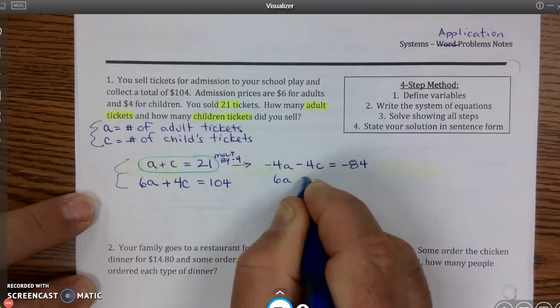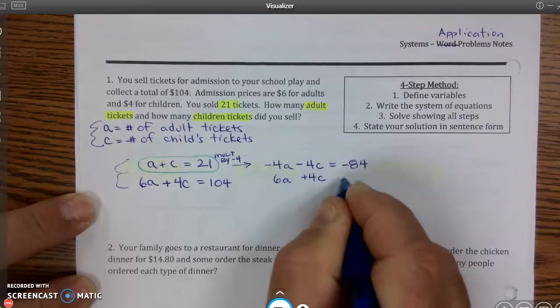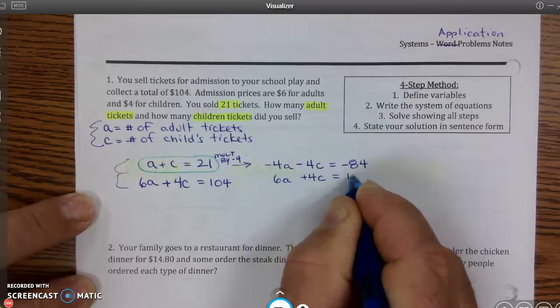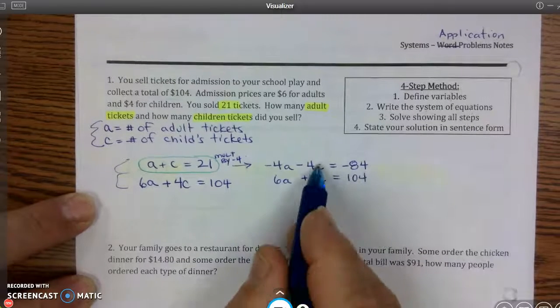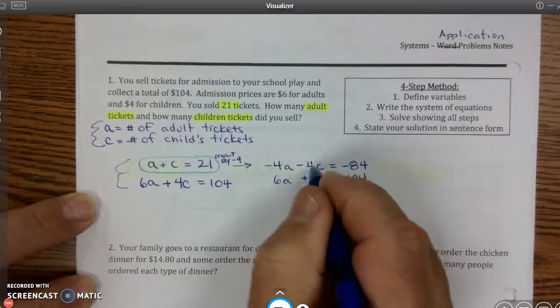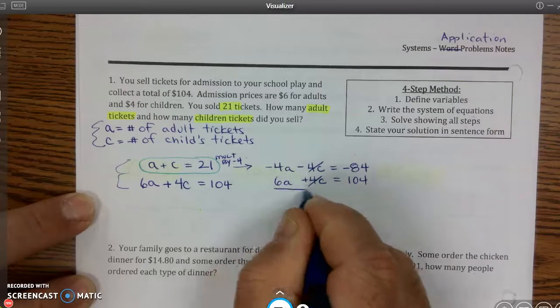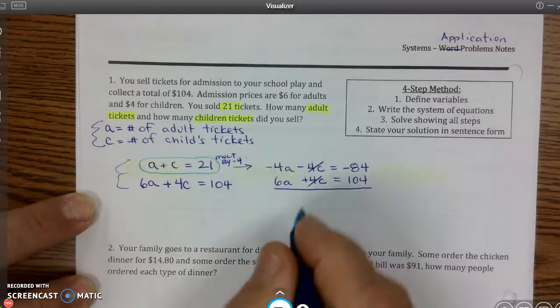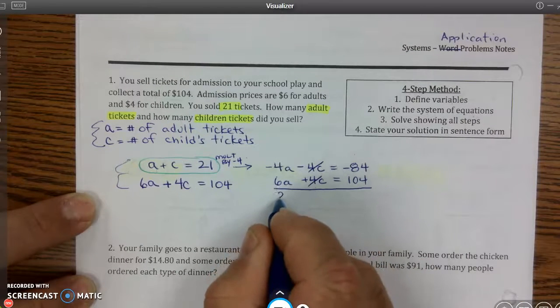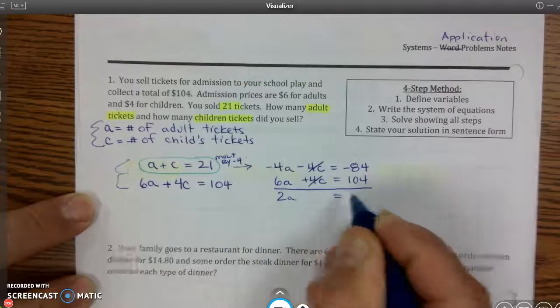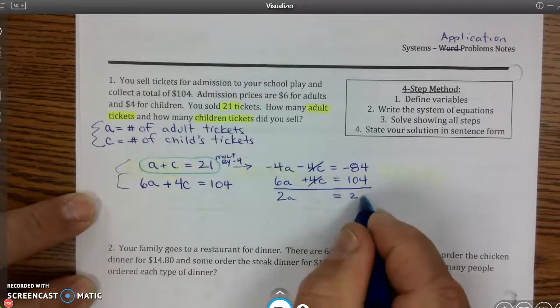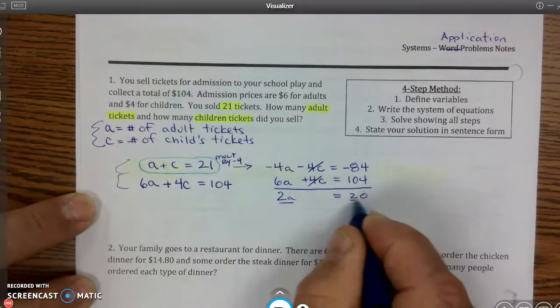The second equation says 6A plus 4C equals 104. Well, now there's a -4C and a positive 4C that I can cancel out. Now I need to add these up. 2A equals 20. Divide by 2.